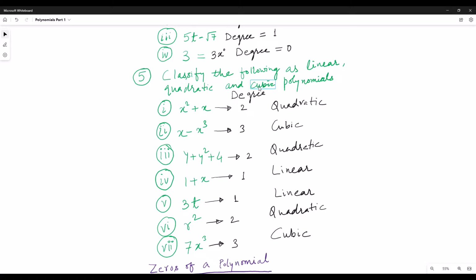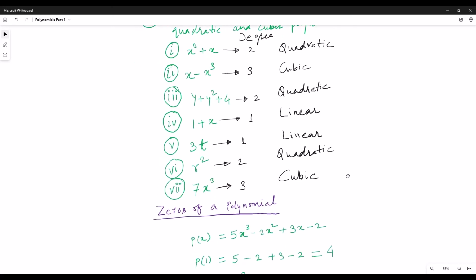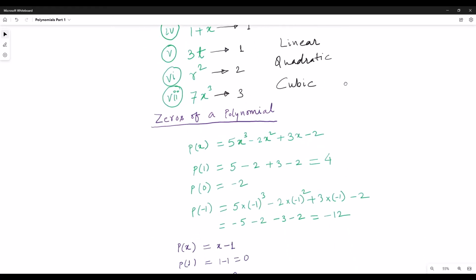So degree of the first expression, x square plus x, is 2, maximum exponent is 2, so this is quadratic. X minus x cube, degree is 3, so this is a cubic polynomial. Y plus y square plus 4, the degree is 2, so this is a quadratic polynomial. This is 1 plus x, linear, 3t is linear, r square is quadratic, 7x cube is a cubic polynomial.